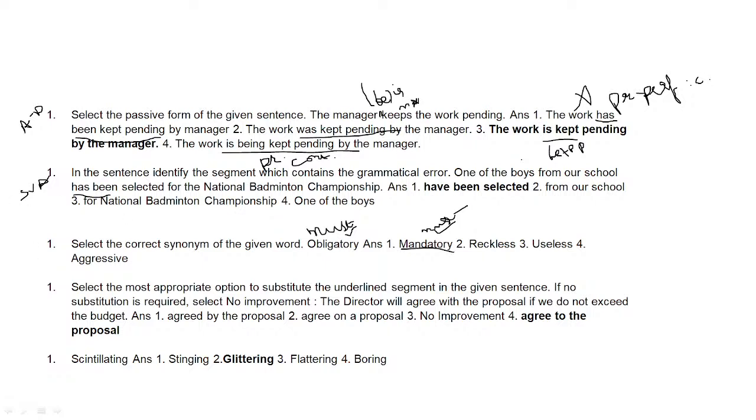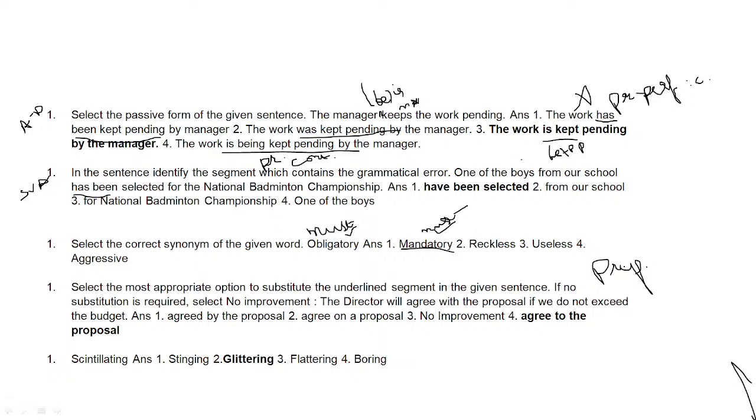The most appropriate option to substitute the underlined segment in the given sentence. Okay. Now what will be the proper thing? Proper preposition. This is the thing on prepositions. Now, since prepositions are usually not very widely asked, we have not done a separate chapter on that.